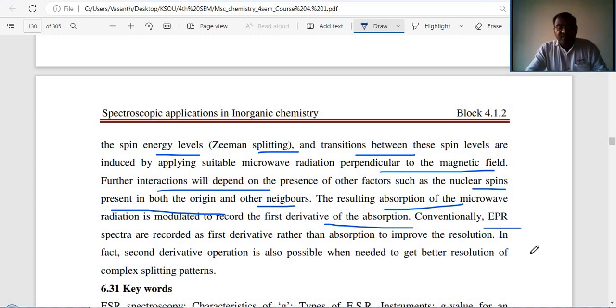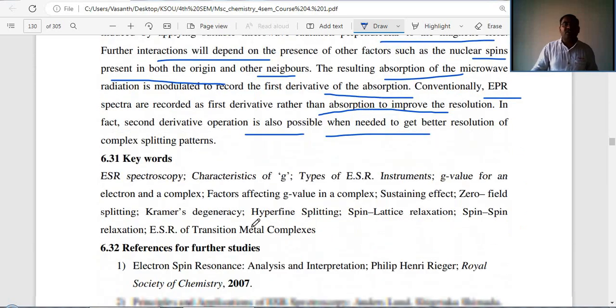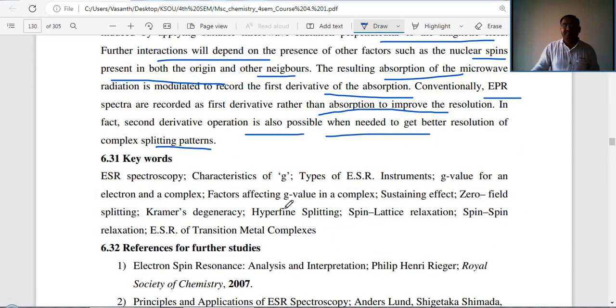Conventionally, EPR spectra are recorded as the first derivative rather than absorption to improve the resolution. In fact, the second derivative operation is also possible when needed to get better resolution of complex splitting patterns.